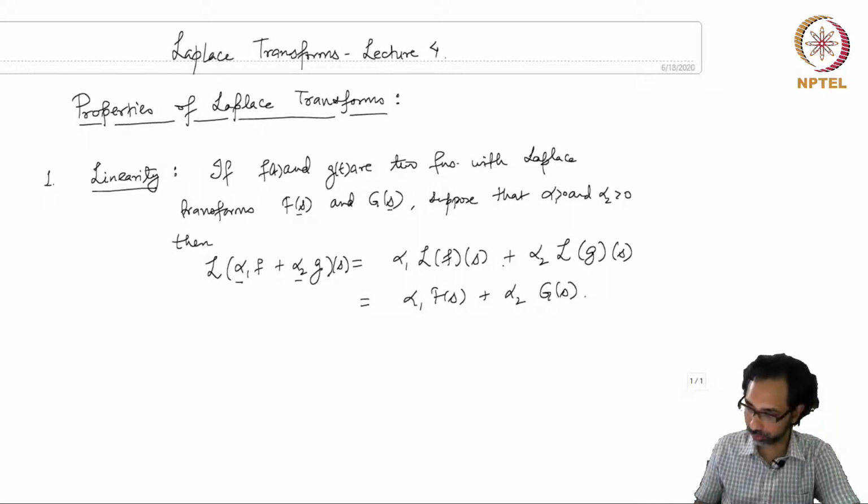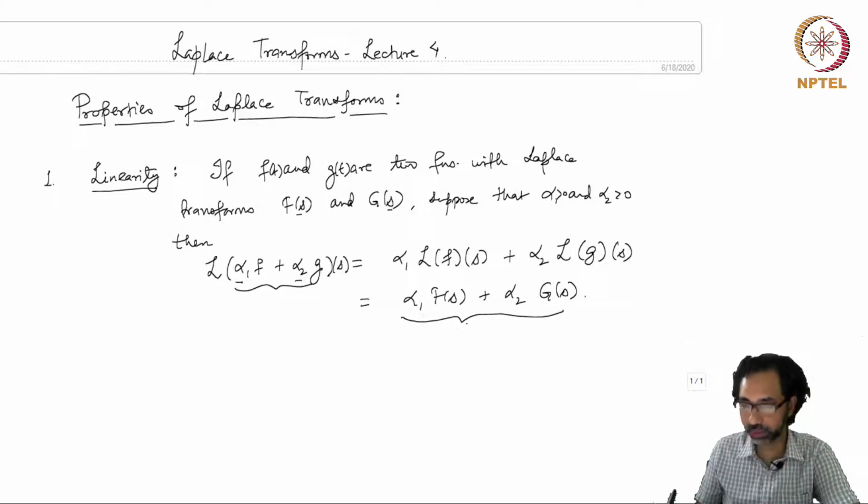So here we should mention what is the region of convergence for the Laplace transform of this function. What is the region of convergence of alpha 1 F(s) plus alpha 2 G(s)?